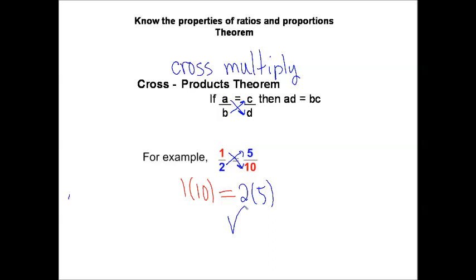Cross products work if you have a true proportion. If I had 1 over 2 is equal to 4 over 10, then I would have 10 is equal to 8. Not true, so that wouldn't be a true proportion. So whenever you have a true proportion, so you have two fractions that are actually equal, the cross products will always work.